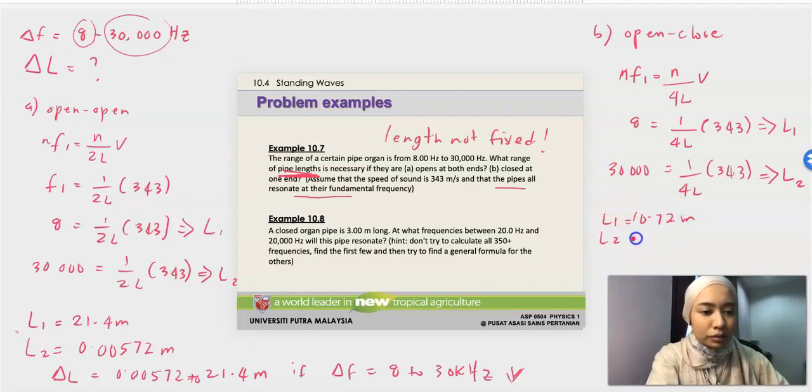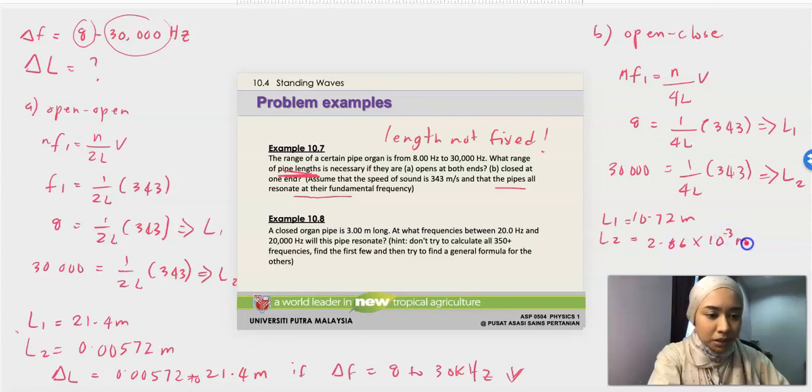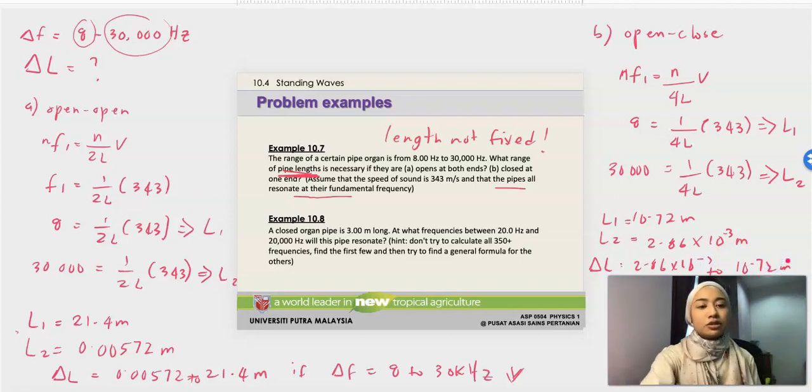And L2 is 2.86 times 10 to the minus 3 meters. So the range of L should be from 2.86 times 10 to the minus 3 to 10.72 meters if the range of frequency is from 8 to 30 kilohertz for an open-closed air column.